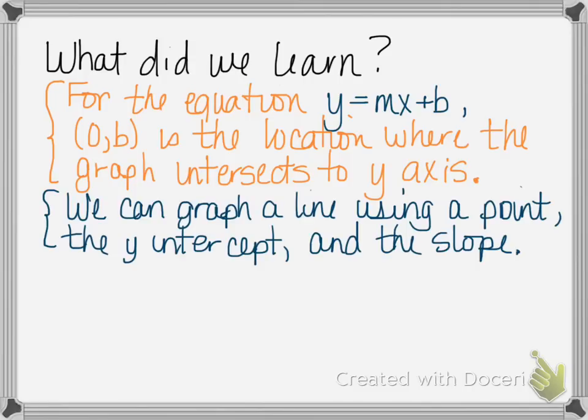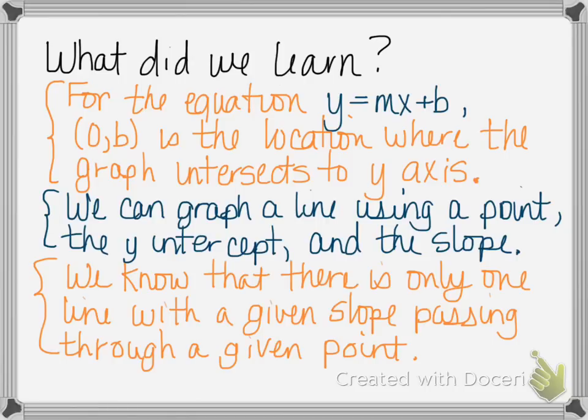And we also saw how we can graph a line using a point, the y-intercept, and the slope. So we could graph a line without having to construct an XY table and solve for some ordered pairs. So it's just another tool that you have.